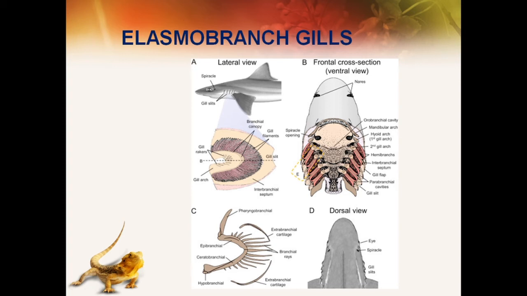However, each interbranchial septum bears two sets of gill lamellae, one set on the anterior face while the other lies on the posterior face.